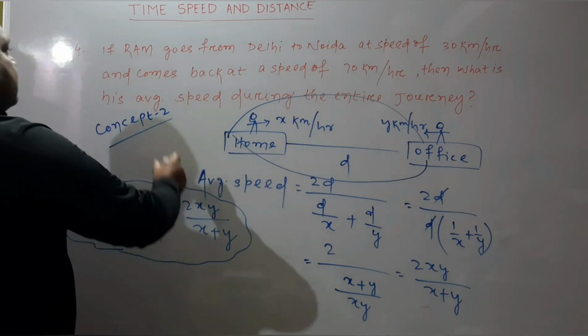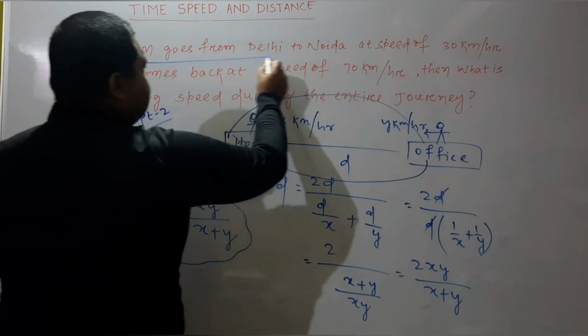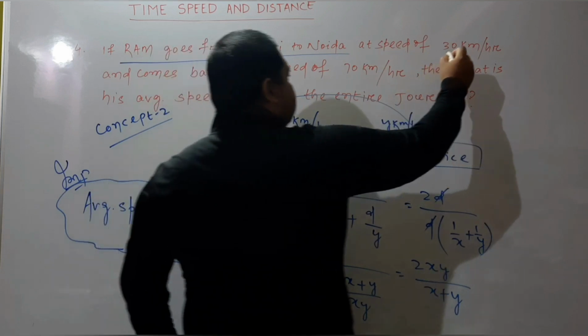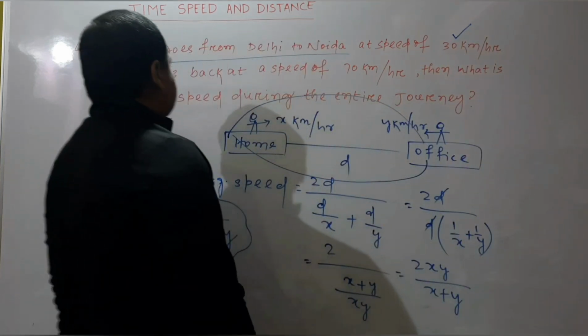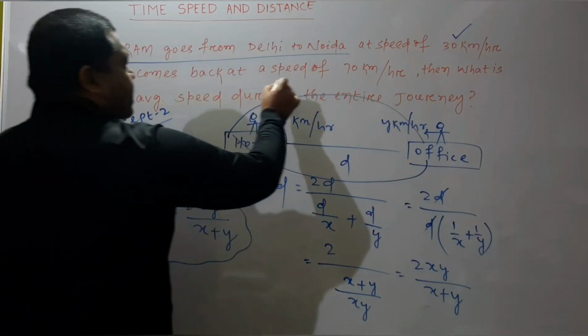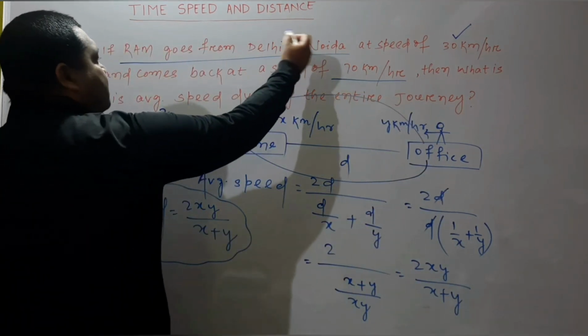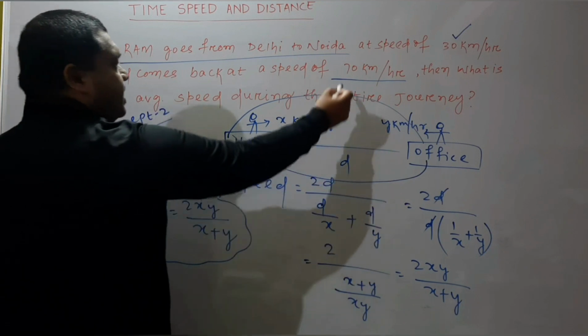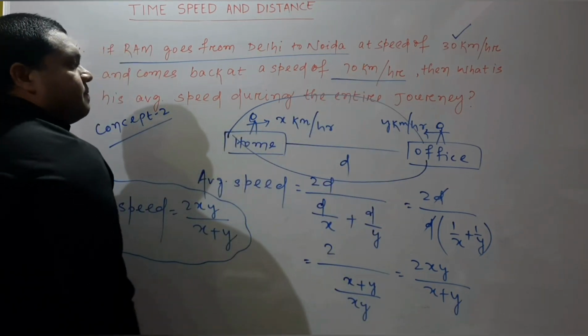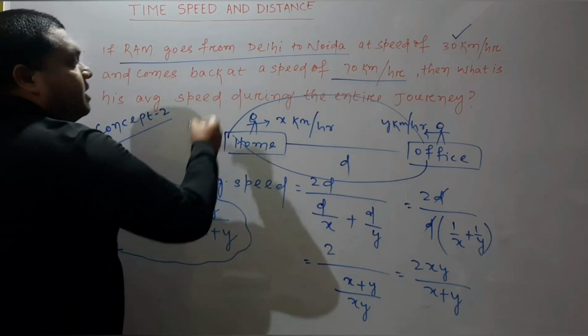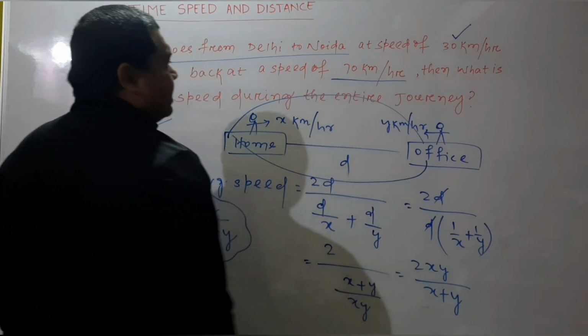Now in this question, Ram goes from Delhi to Noida at a speed of 30 km per hour and comes back at a speed of 70 km per hour. Comes back means from Noida to Delhi, at the speed of 70 km per hour. What is his average speed during the entire journey? Directly calculate.